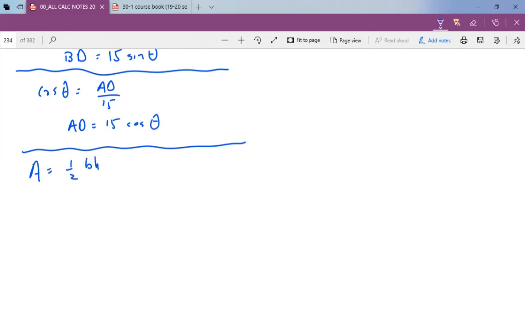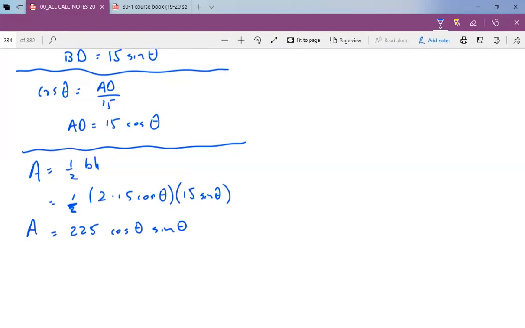Changing that into what we know, this is equal to half times, now that base was going to be 2 times AD, which is 2 times 15 cos theta, and the height, 15 sine theta. So there's my area formula. If we simplify that a step, area is equal to 225 cos theta sine theta.